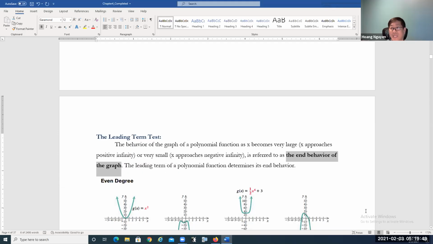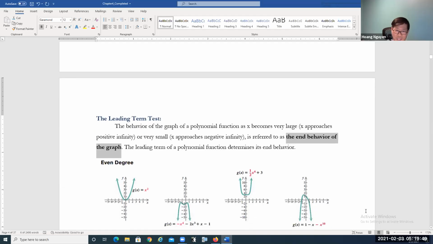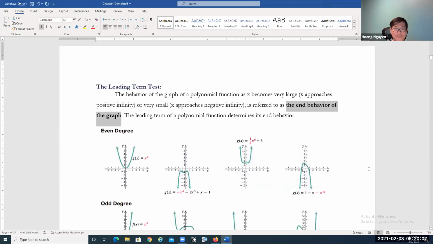The leading term of the polynomial function determines the end behavior. So if you know the leading term of the polynomial, we can determine the end behavior of the graph of the polynomial function. Okay.